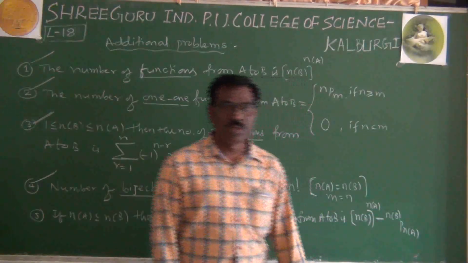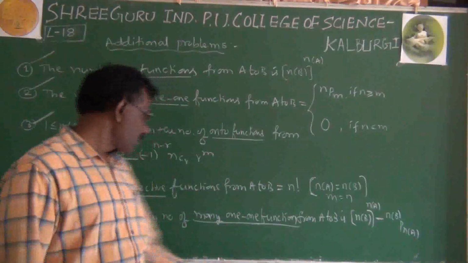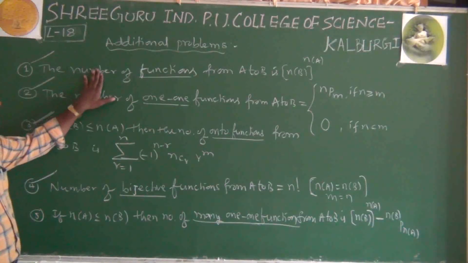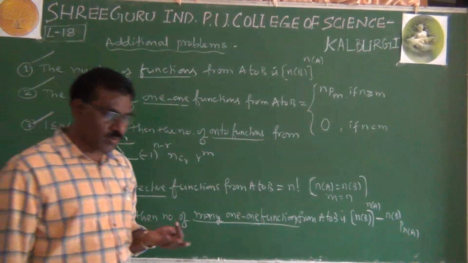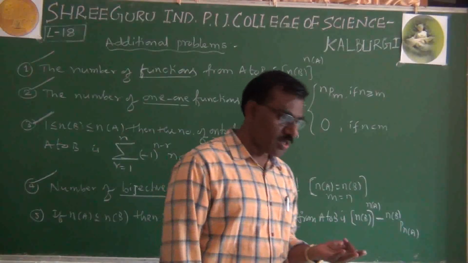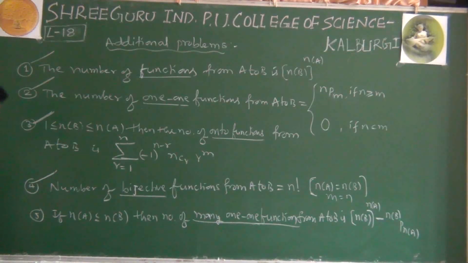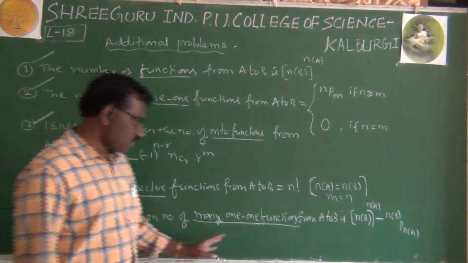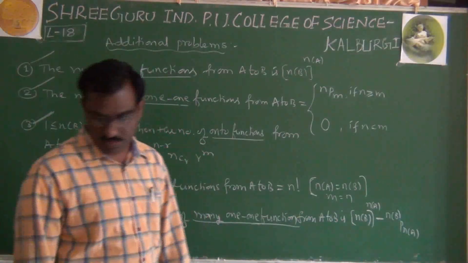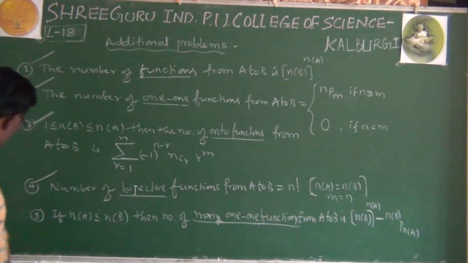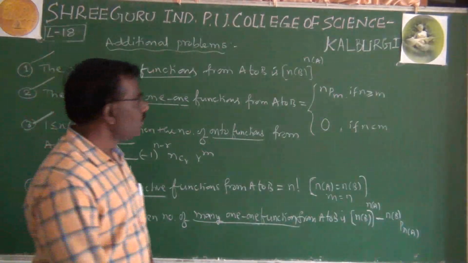So these are around 5 points I have noted. One is the number of functions, number of one-one functions, number of onto functions, number of bijective functions, number of many-one functions. These are very, very important points.